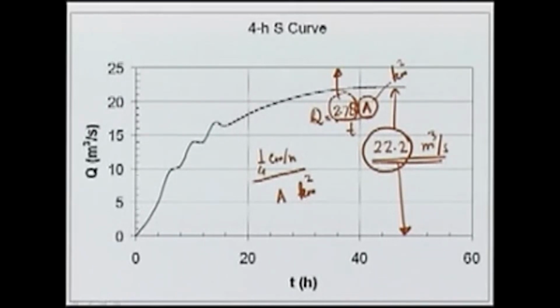So, this 2.78 comes because of conversion from centimeter into kilometer square per hour to meter cube per second.